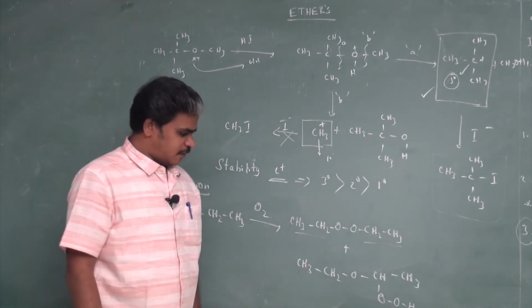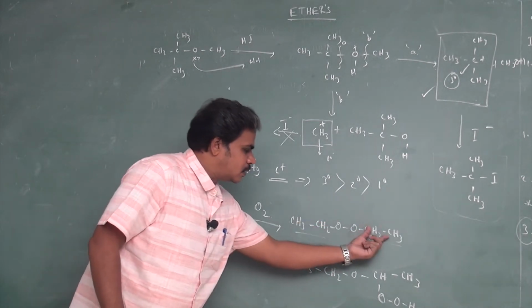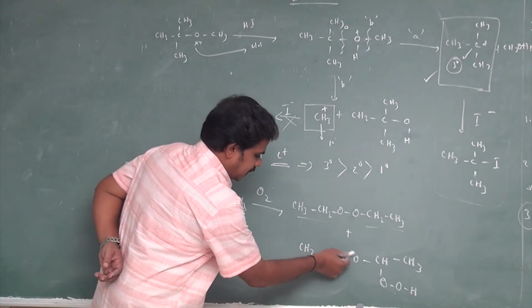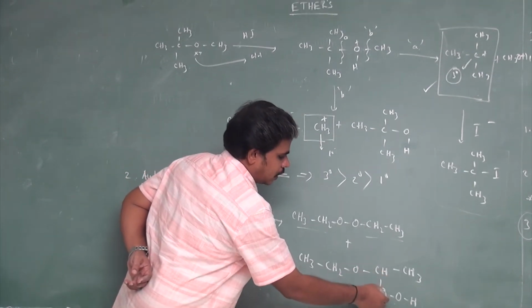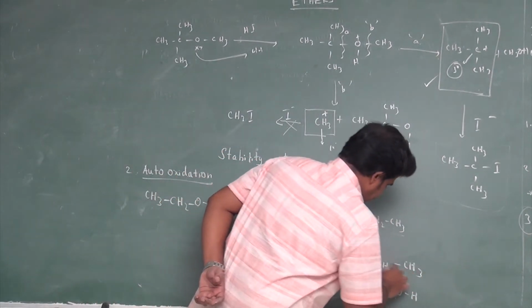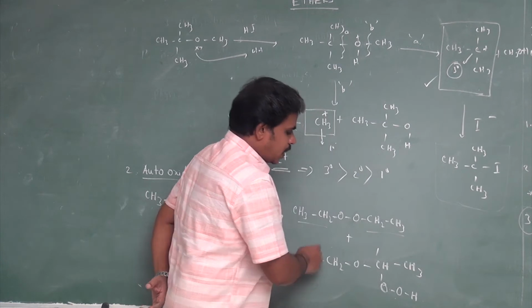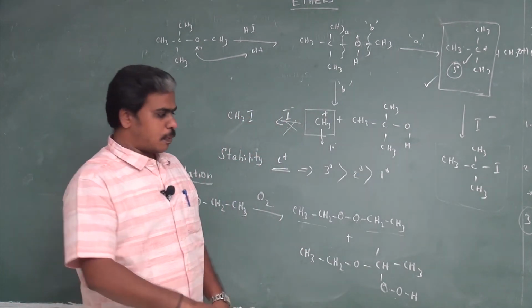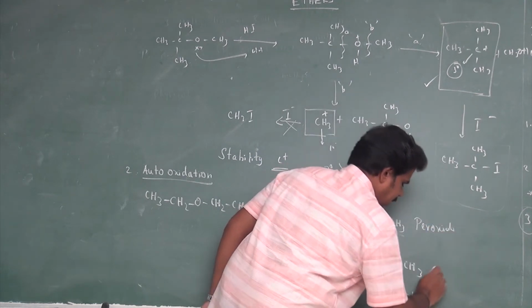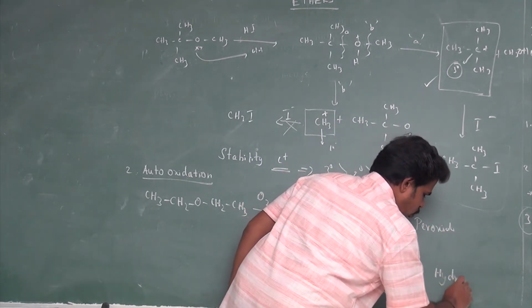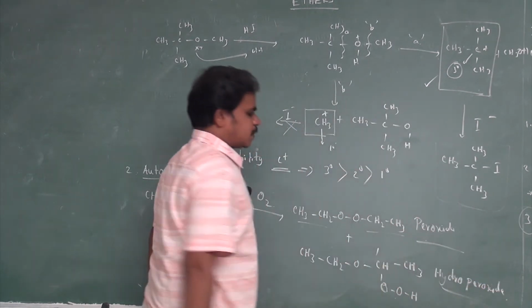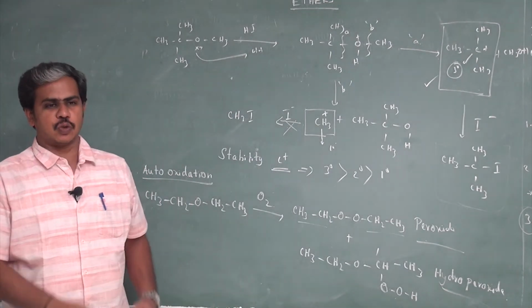So the two types of peroxide are diethyl peroxide and ethoxy ethyl hydroperoxide. If it is just a peroxide, then it is known as a hydroperoxide when it has OOH. So two types of peroxide are formed. They are explosive in nature.